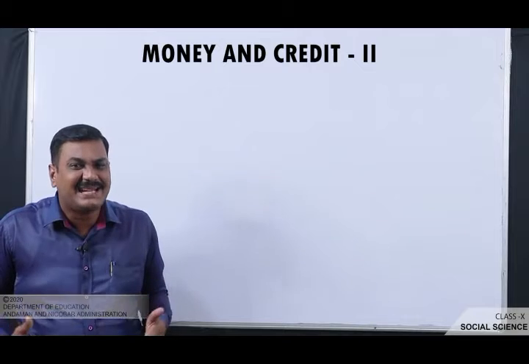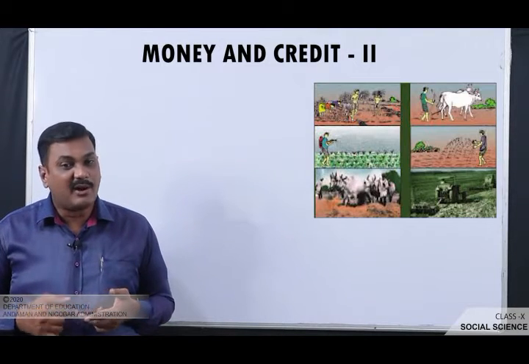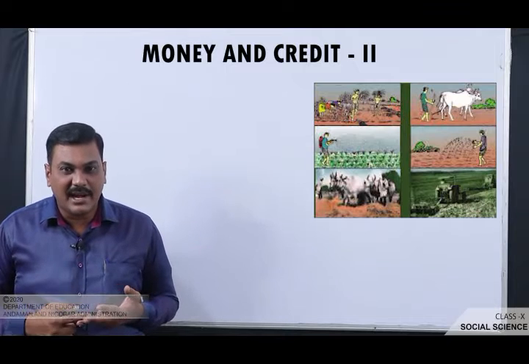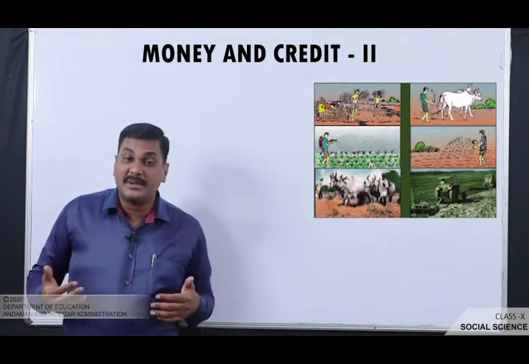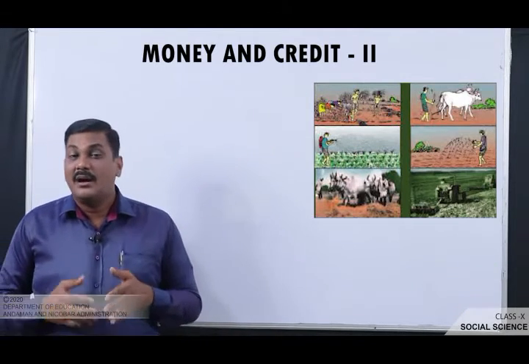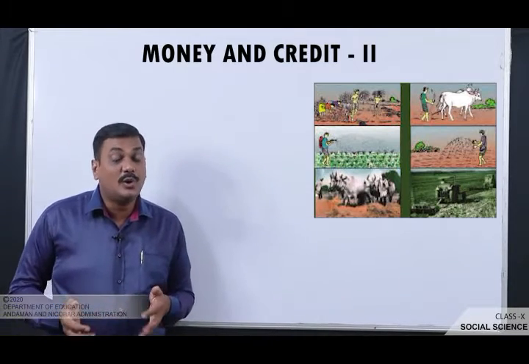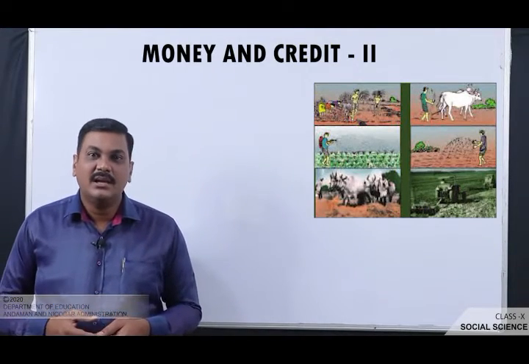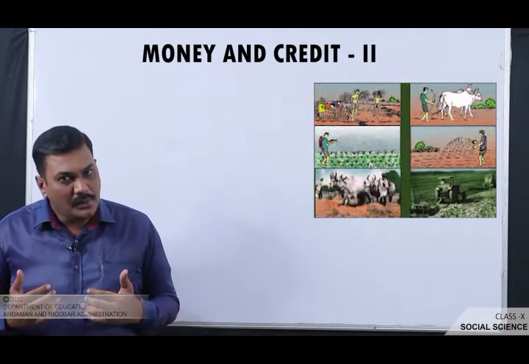Because they hesitate to go to the bank. Illiteracy, lack of awareness, lack of collateral, borrowing for unproductive purposes, inability to fulfill documentation needed, poor accessibility to banks, easy accessibility to money lenders. That's why these small farmers hesitate to go to the bank.